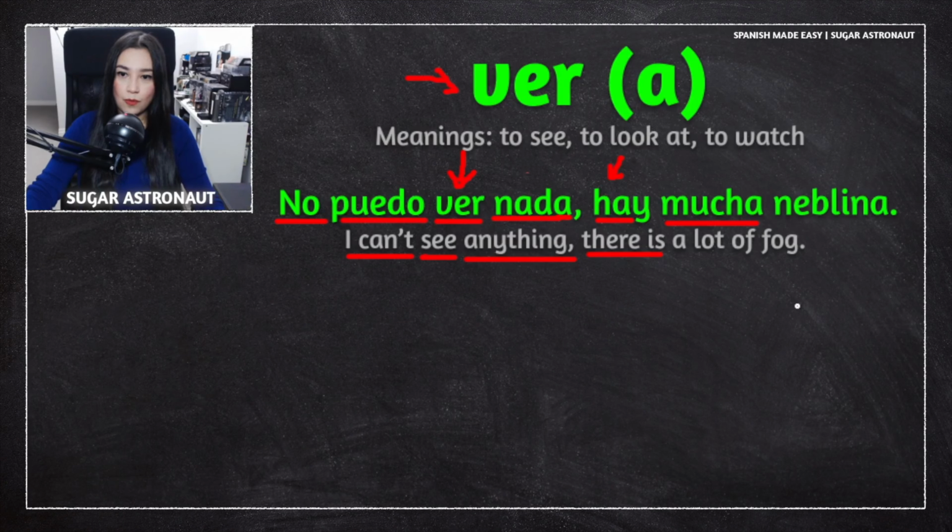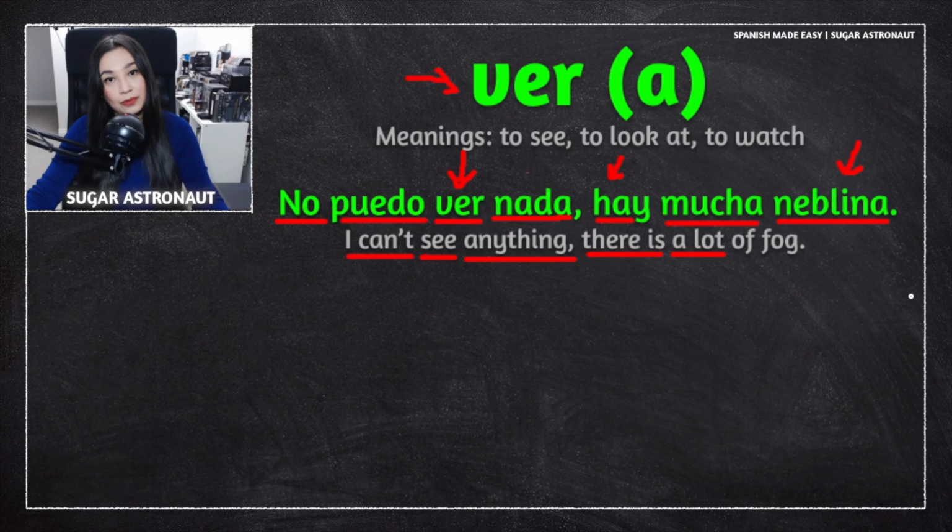Mucha means much. It's feminine in this situation. Much or a lot, okay? Sometimes it means many, okay? So mucha, a lot. And why is it feminine? Why am I not saying mucho, which is the masculine form of mucha, right? Because I'm saying neblina.